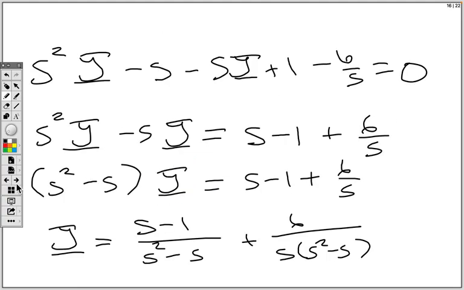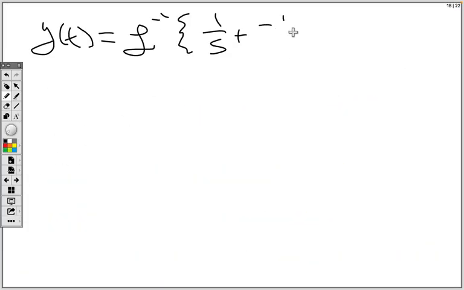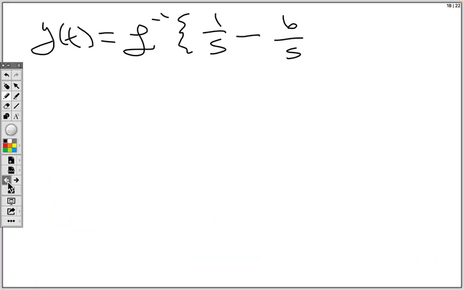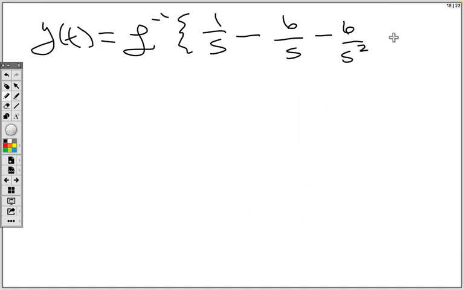We worked that out to be negative 6 over s, so I guess I'm going to put a minus there. Minus 6 over s squared. Plus 6 over s minus 1.